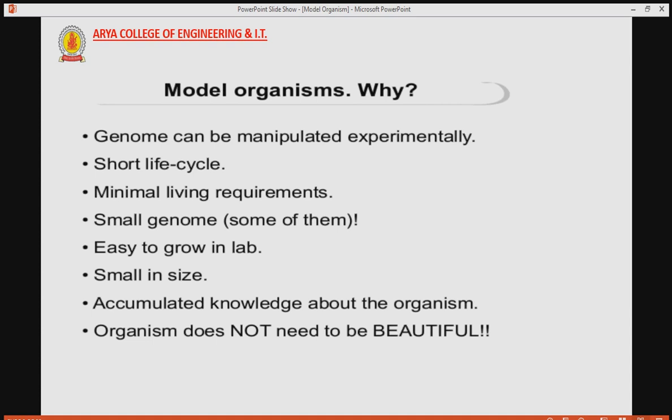In researching human disease, model organisms allow for a better understanding of the disease process without the added risk of harming an actual human. In this process, genomes can be manipulated experimentally. Organisms with a short life cycle and small genomes are used, which can easily survive and grow in lab conditions and are small in size.